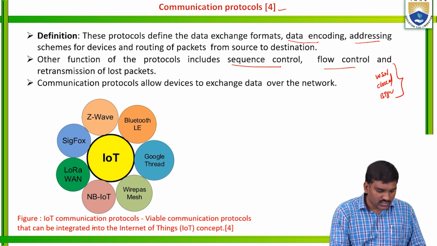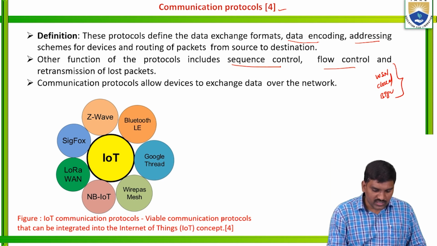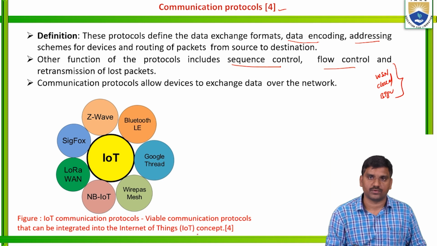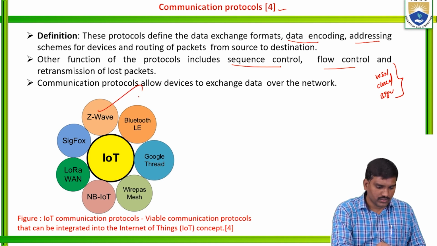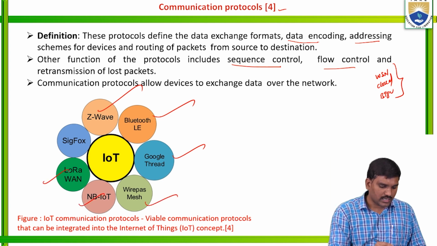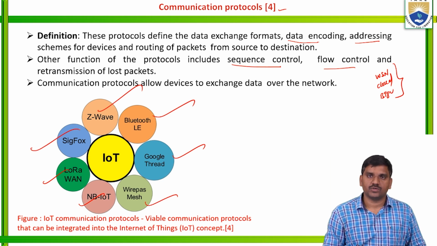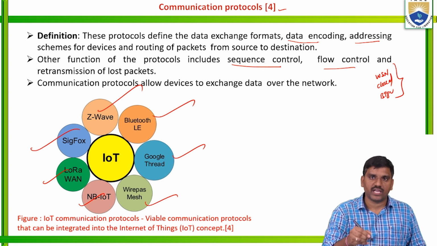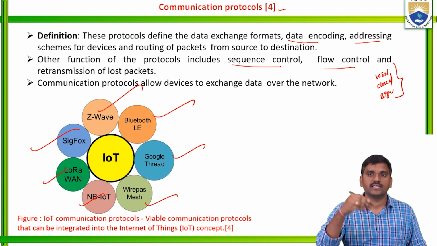The IoT communication protocols are viable protocols that can be used in the Internet of Things: Z-Wave, Bluetooth, long-term evolution, Google Thread, Wirepas Mesh, NB-IoT, LoRaWAN, Sigfox, like that. So in our subject IoT, we have some communication protocols like these, the technologies used in order to send the data.